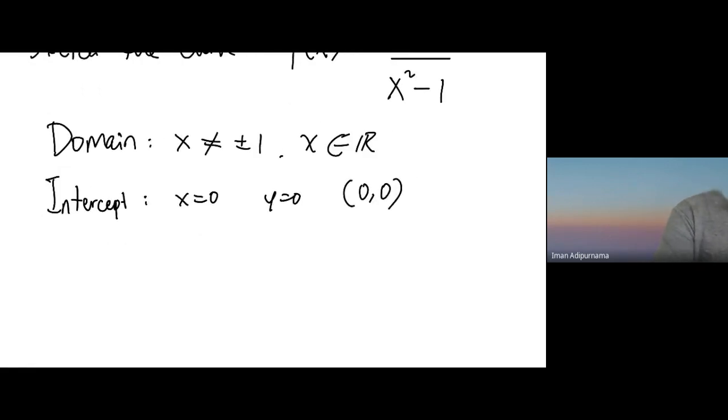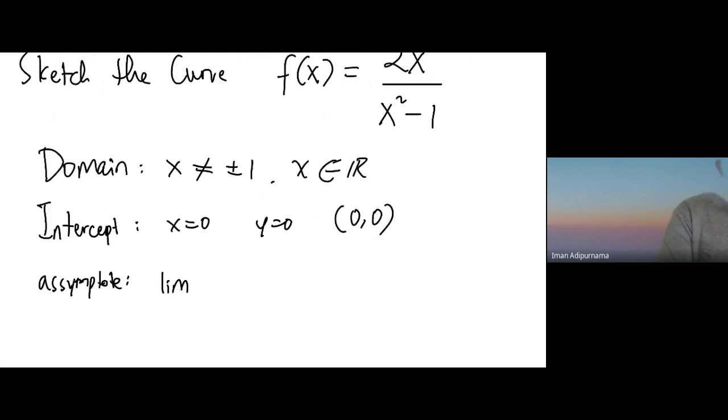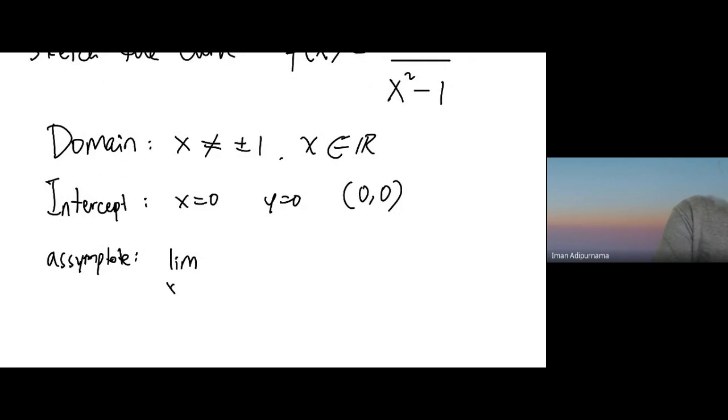And if you want to check the asymptote, you can check the limit as we presume. We can check from 1 and -1. You can check from right, from left, okay? And the function is 2x squared over x squared minus 1.